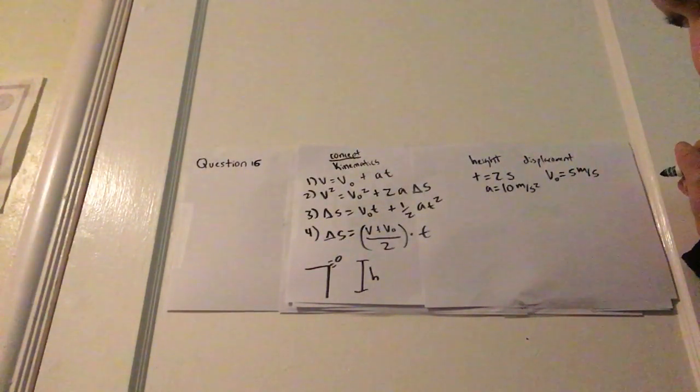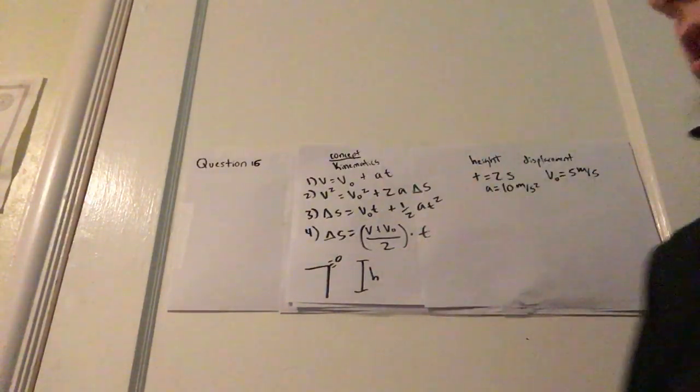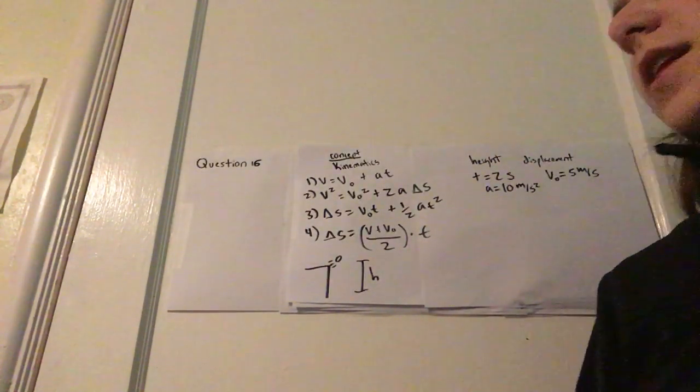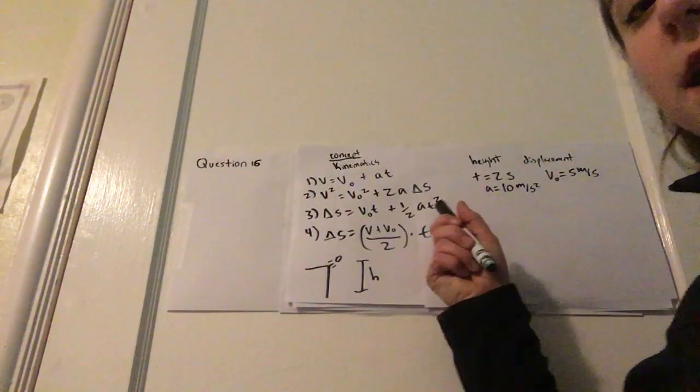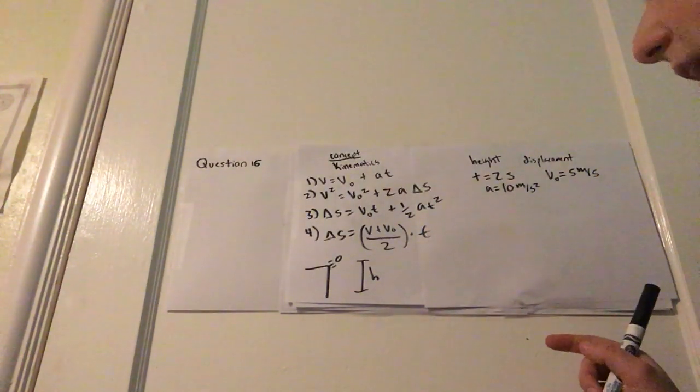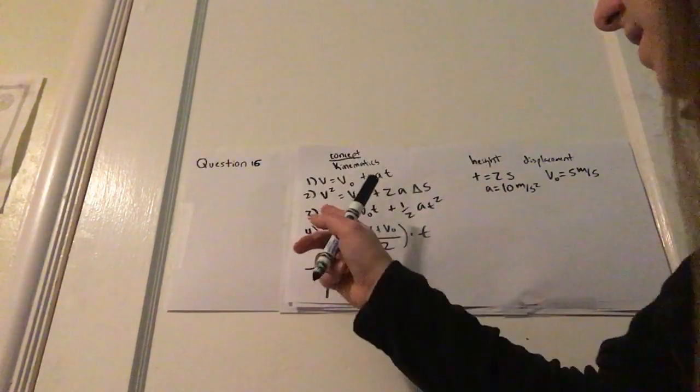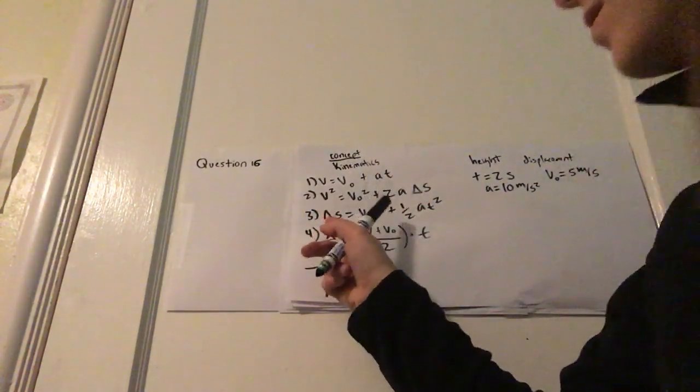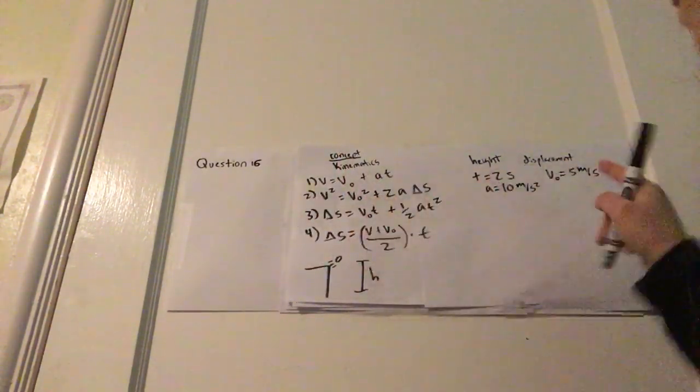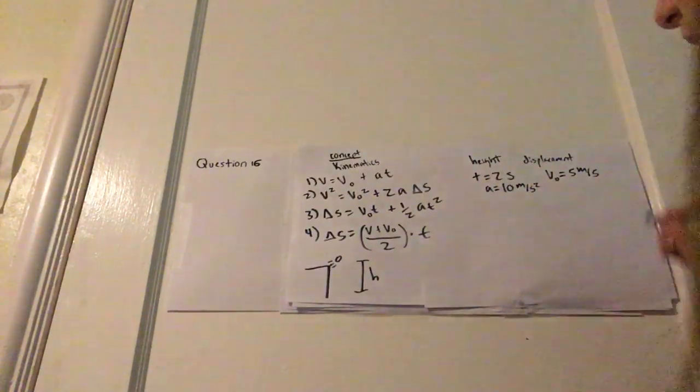So this right here is enough to plug in a kinematic equation to solve for height. So just looking at it here, I can use this equation right here to solve for delta s, and I have all these variables right here, and that will give me height. So I'm going to do that.